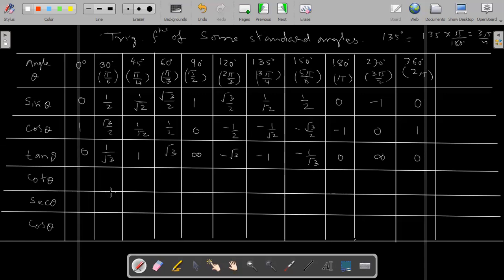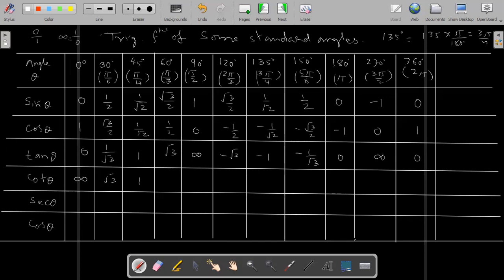Now you have to just take the reciprocals. The reciprocal of 0 is always infinity, because 0 is 0 upon 1 and infinity is 1 upon 0. So reciprocal of 0 is infinity and reciprocal of infinity is 0. So from tan you can write the reciprocals. 0, infinity, 1 upon root 3 will become root 3.